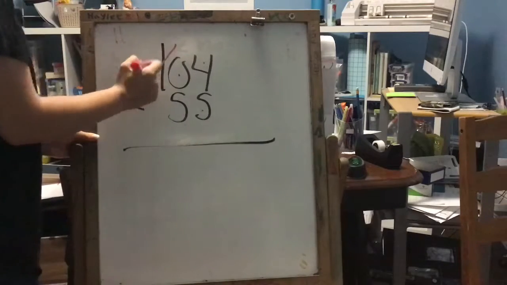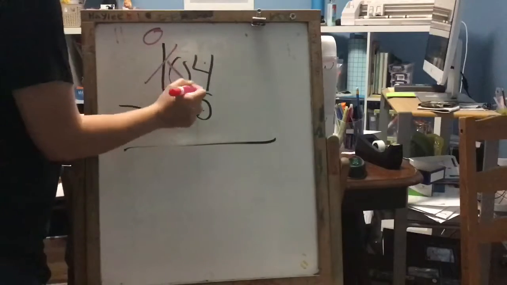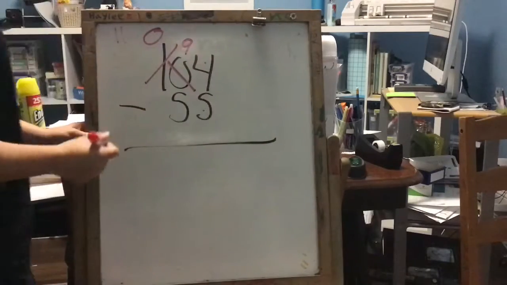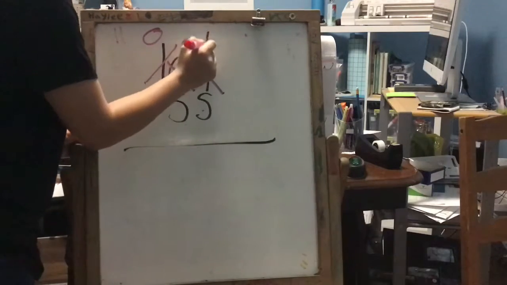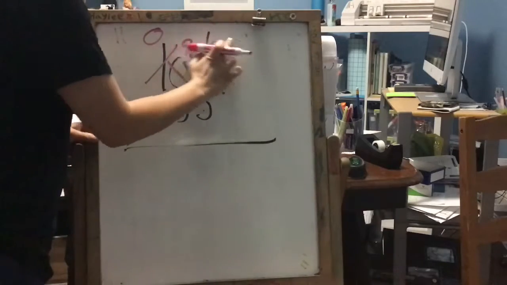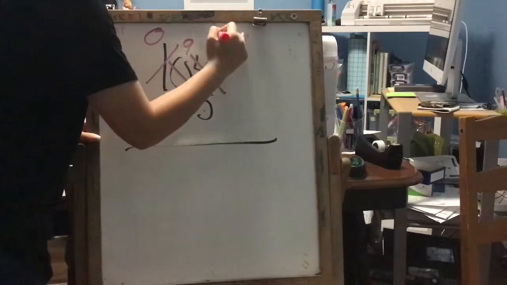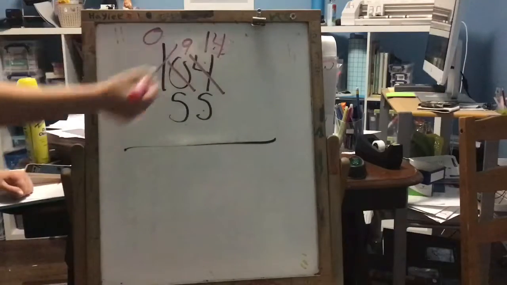So we're going to cross him out. He doesn't have anything left to borrow. We're going to give him some, give him 9, and give us 10. But we still have 4 here. So we have to give ourselves the 4 that we already have, which puts us at 14.